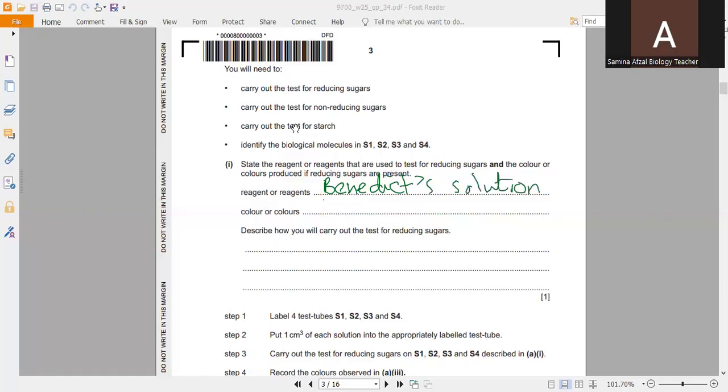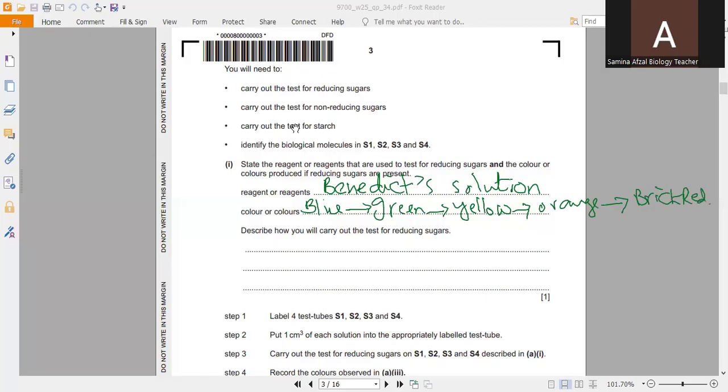This is the reagent which is used to find out the presence of reducing sugars. So the color of Benedict solution is blue. So it will change to green. Green color will change into yellow, and yellow will change into orange, and the final color will be the brick red.